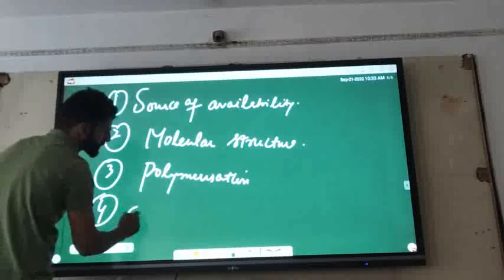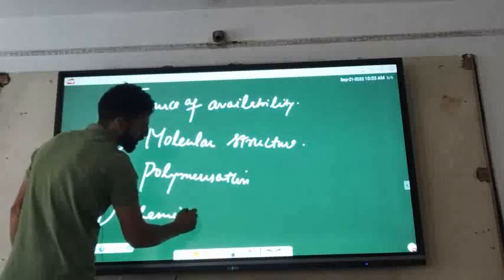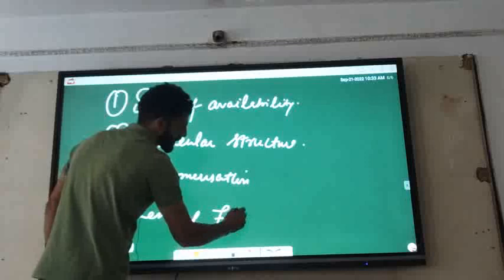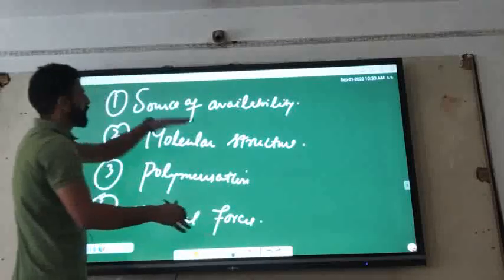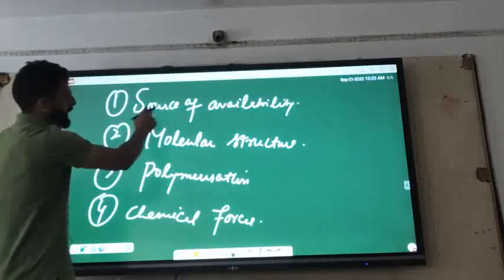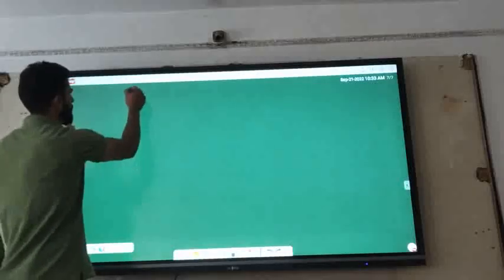Polymers are classified on these bases. Here we can discuss one by one. First we will take source of availability.